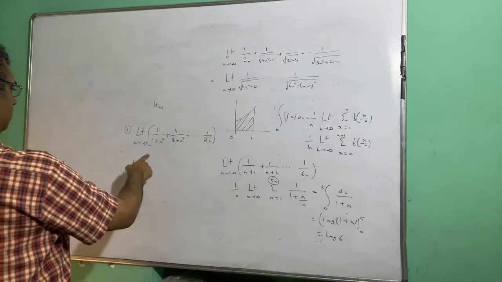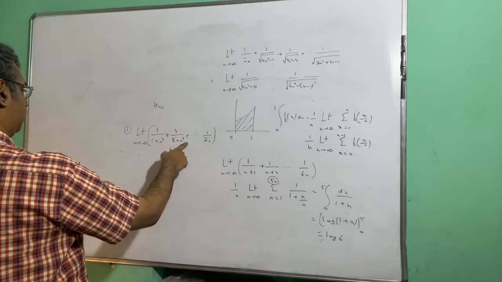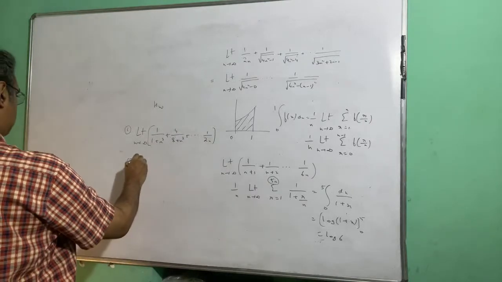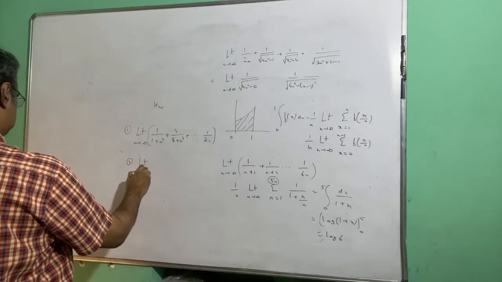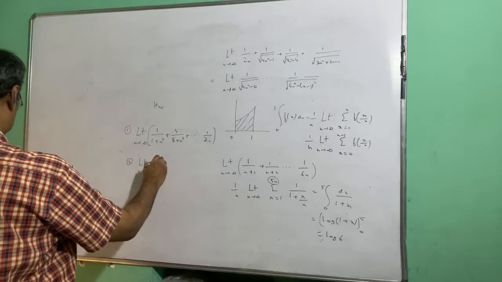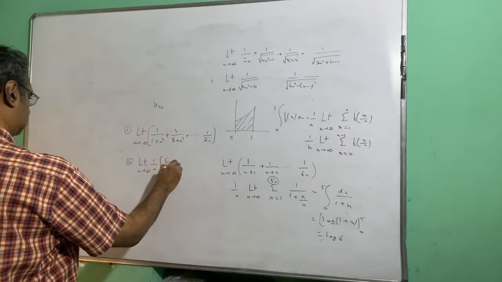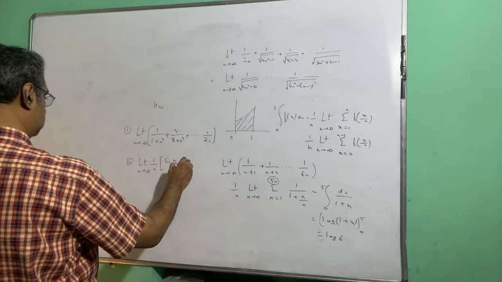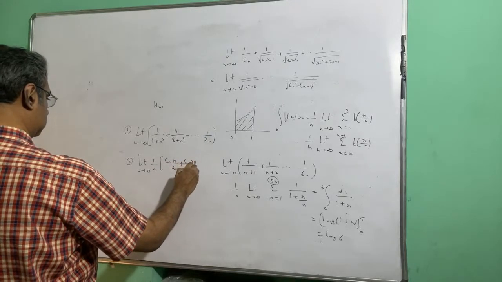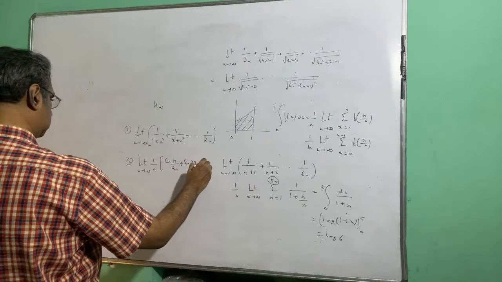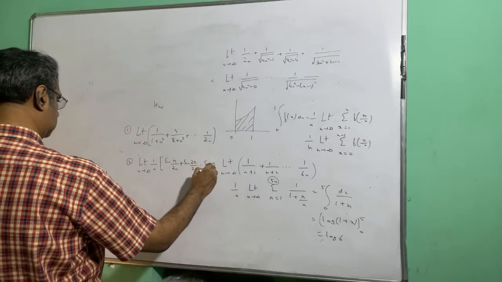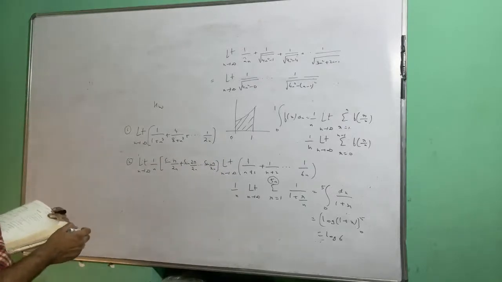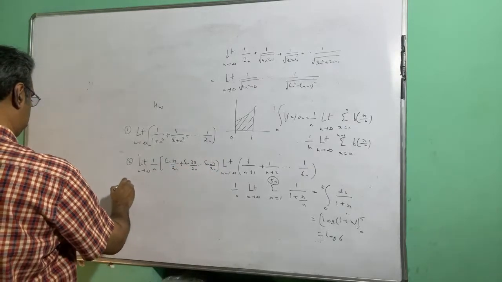Limit n tends to infinity 1 by 1 plus n cube, 4 by 8 plus n cube up to 1 by 2, and this is question number 1. Question number 2: limit n tends to infinity 1 by n, sine pi by 2n plus sine 2 pi by 2n, and last is sine n pi by 2n.